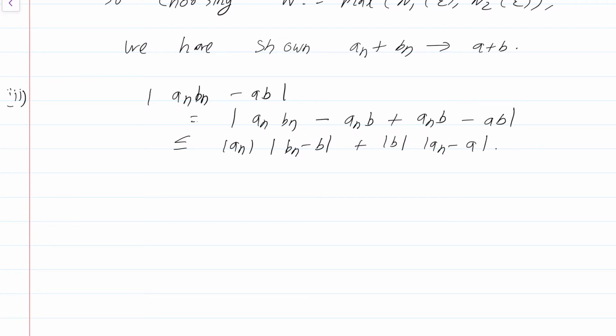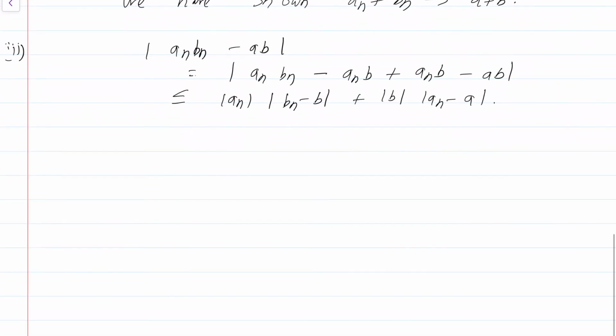Right? Now this in turn is again less than or equal to |a_n − a| · |b_n| plus |a| · |b_n − b|... I have just now added and subtracted a in the very first term. Okay.